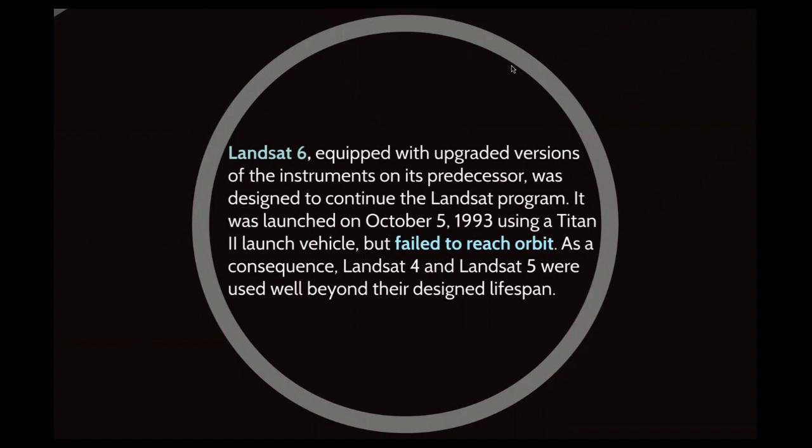They never collected any data, and that was a failure. What happened after that is Landsat 4 and 5 had to operate for a longer period of time because they were scheduled to retire. However, due to the failure of Landsat 6, they just had to function for a longer time so that we have consistent data collection.